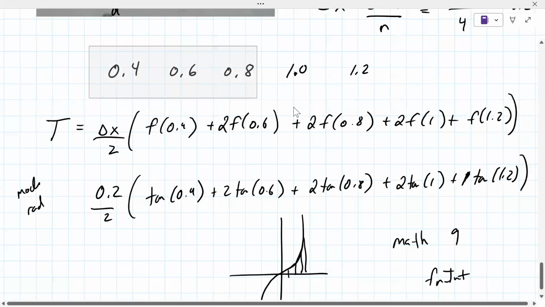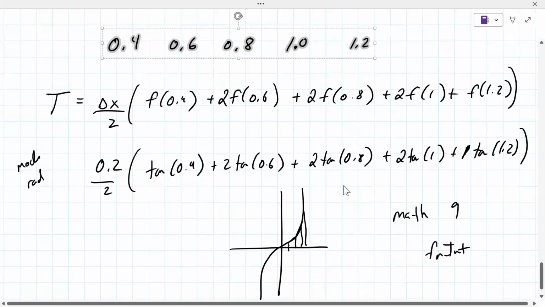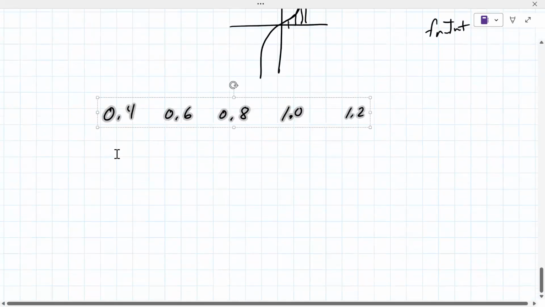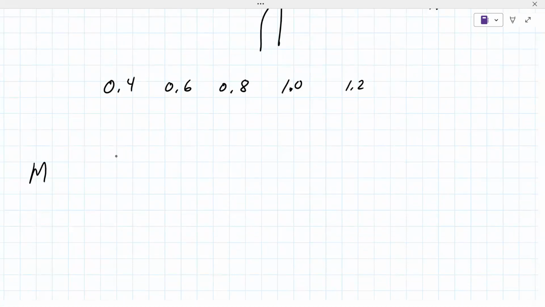All right, let's take a look at the midpoint for this one. How is the midpoint different from what we've done? Well, you need the midpoints. So you basically don't get to reuse anything you've done.